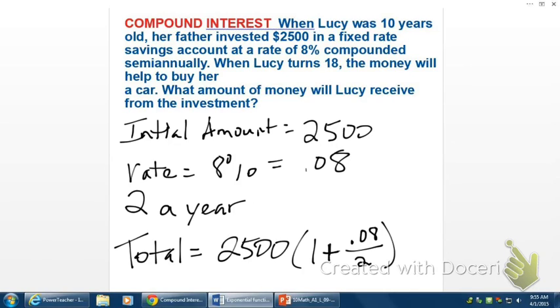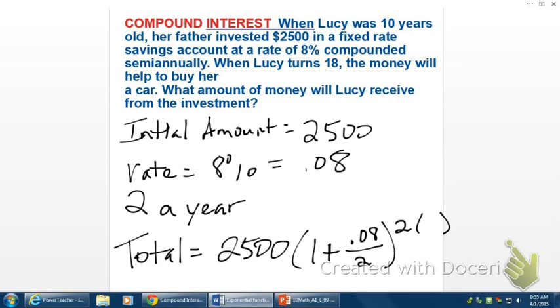Okay? We got 2. Now, this is the part where some people struggle. This is the part where you really need to pay attention to the problem. When Lucy is 10 years old, her father invested this amount of money. Okay? So when she's 10 years old, the dad put $2,500. Invested it.